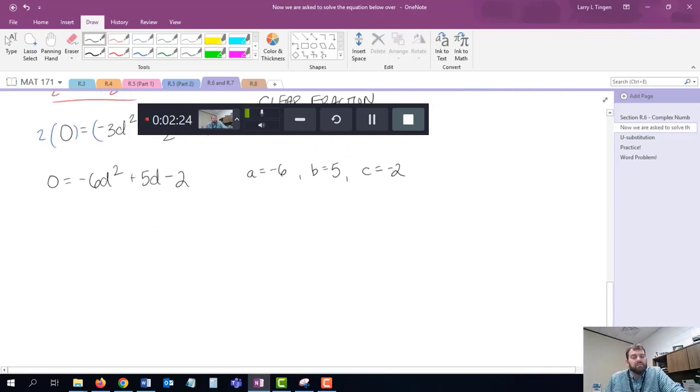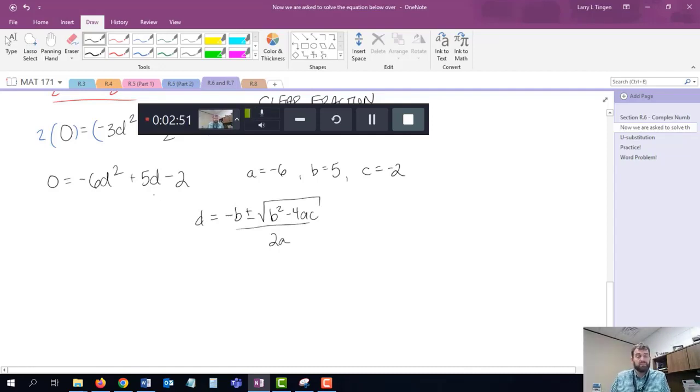And now we're going to plug this into the quadratic equation, remembering that the quadratic equation says that the solutions of the quadratic are opposite b plus or minus square root b squared minus 4ac all divided by 2a.